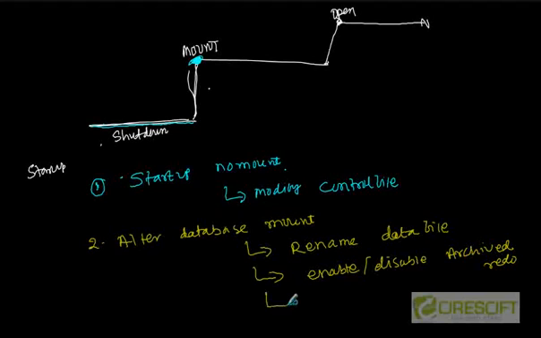In the mount stage, I can also do a full database recovery. So that is the reason why we do alter database mount. Basically, we arrive at this position, we mount the database, and by mounting it we can do all these operations. All right.